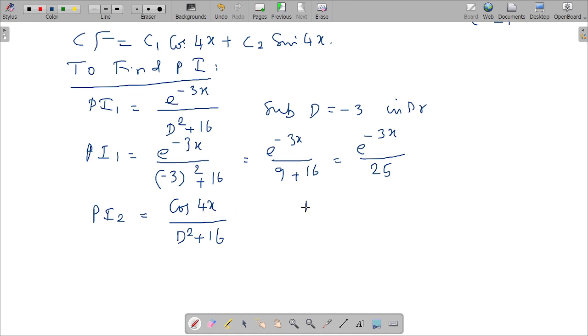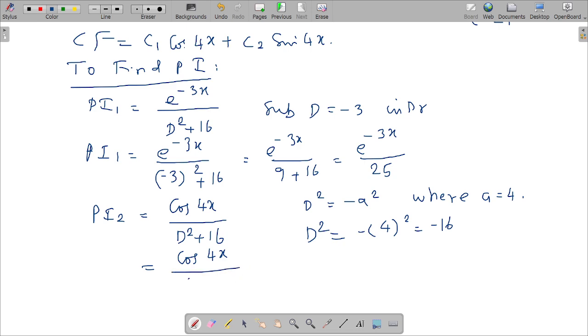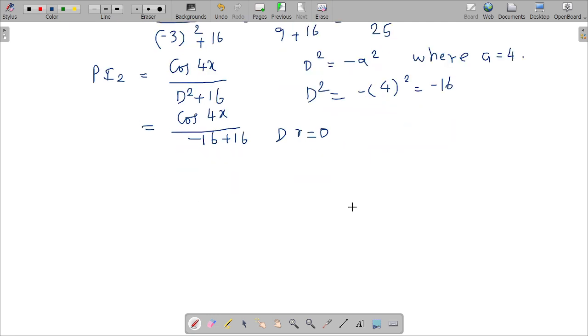So substitute D square equal to minus 4 whole square, that means minus 16. If you substitute minus 16 in the denominator, minus 16 plus 16, the denominator equals 0. If the denominator is 0, then you have to multiply with x in the numerator.